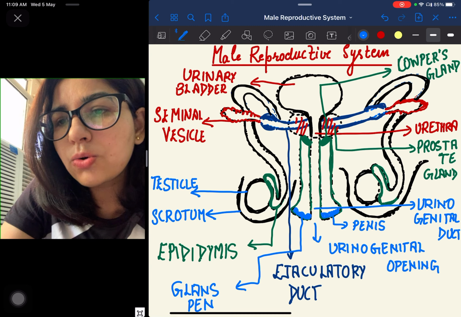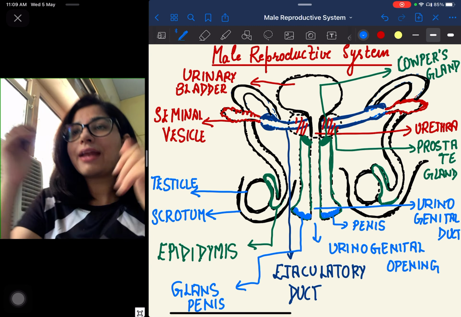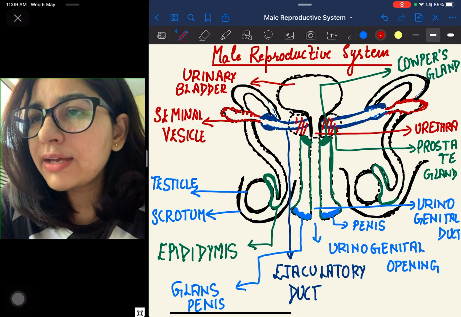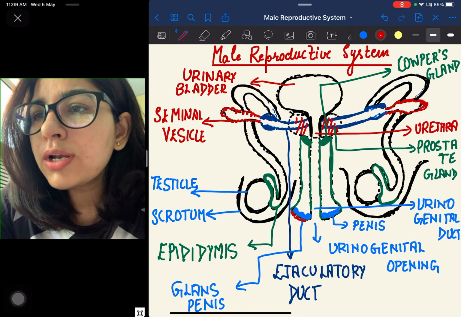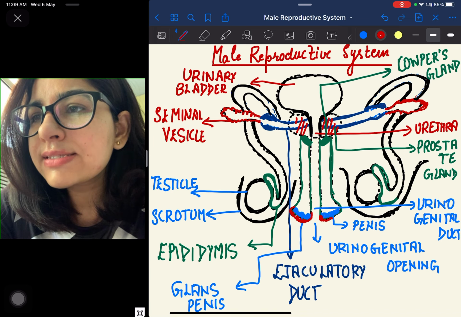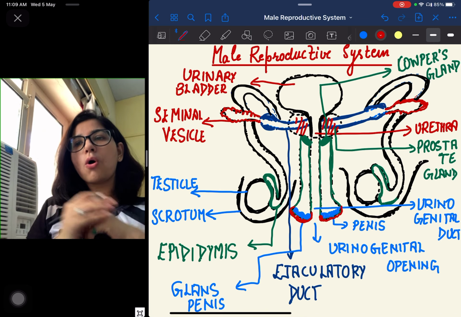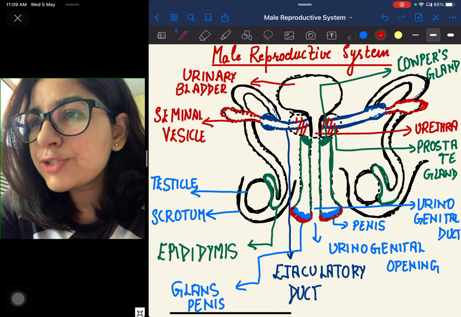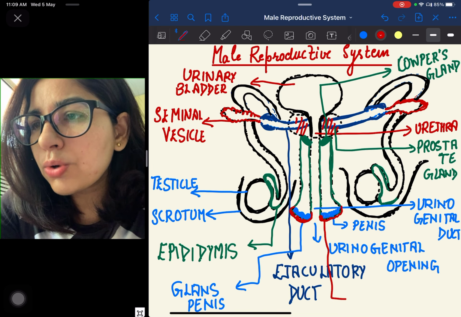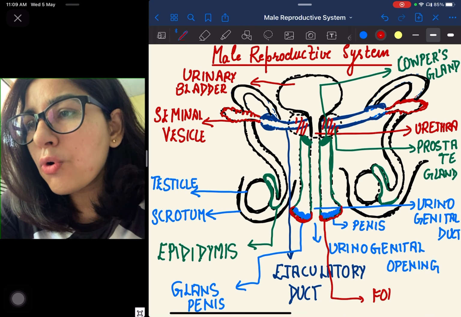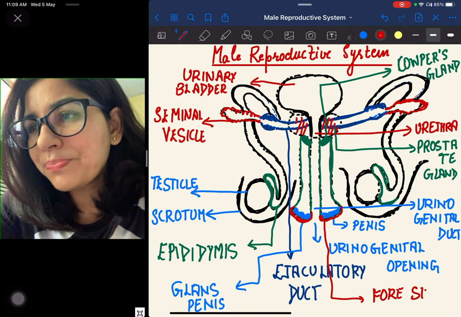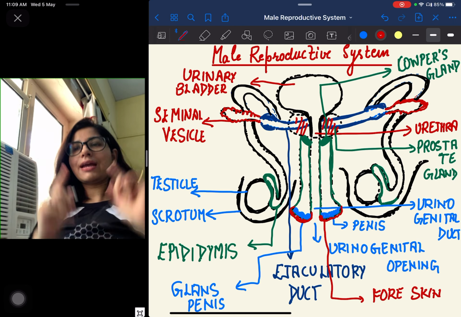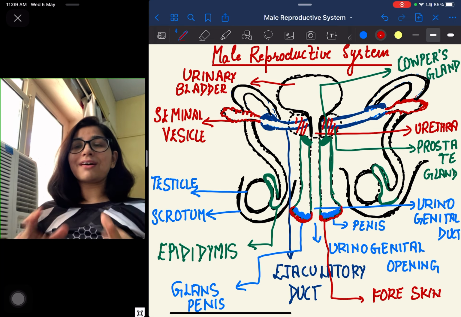Okay, this is known as glans penis. And on the tip of the penis, there is a fold of skin. And this fold of skin is known as foreskin.